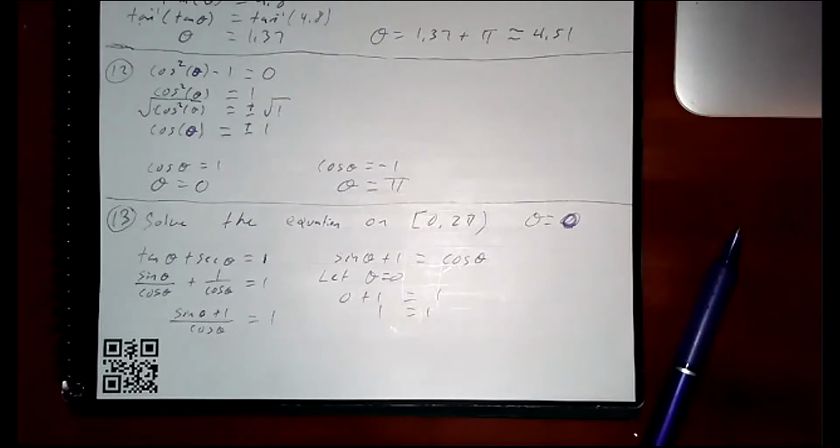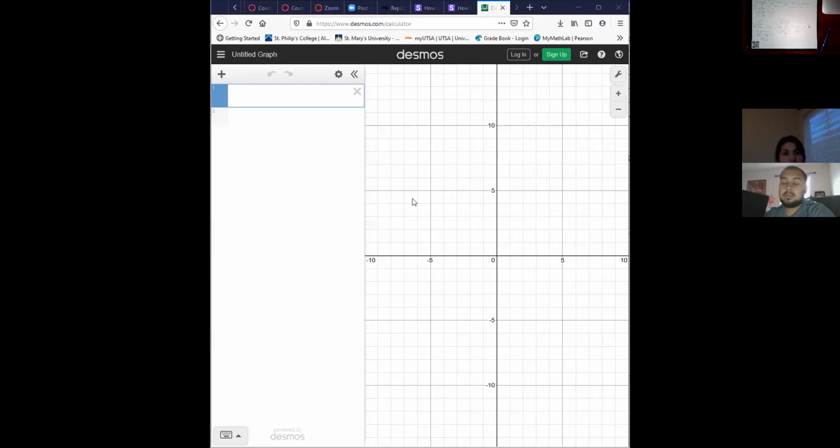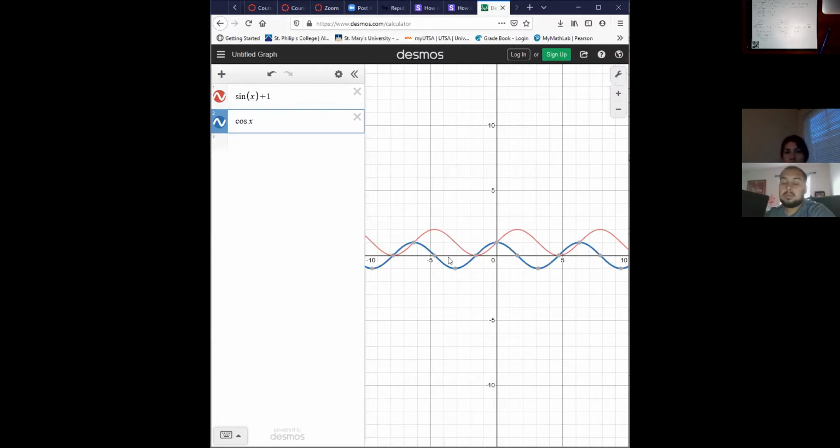Something we can do though is graph them, right? We can technically say, all right, if I graph both of these functions, the left-hand side, treat that as one function because that's kind of what's happening. I'm going to use x just for simplicity. And go to the next one and say, all right, cosine x. So when are they equal?